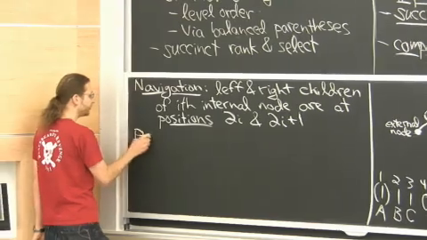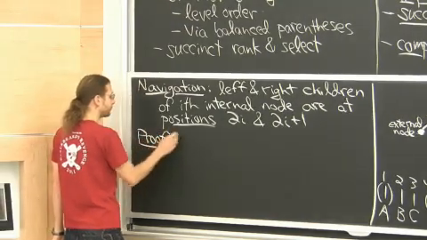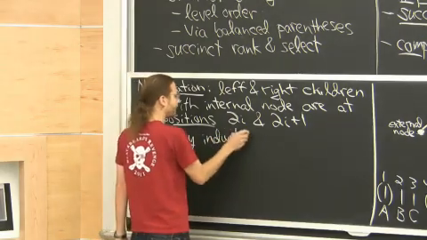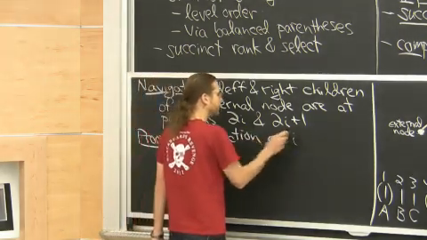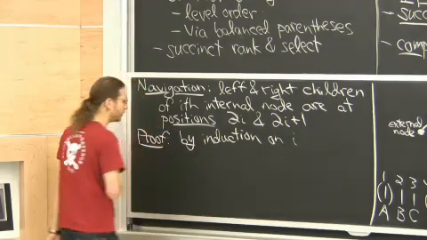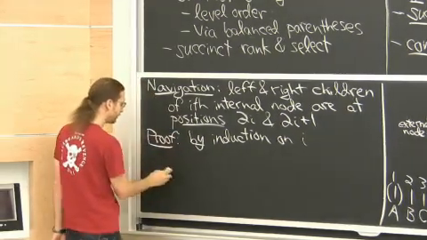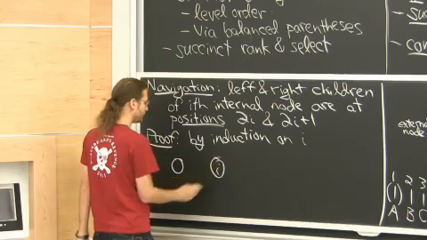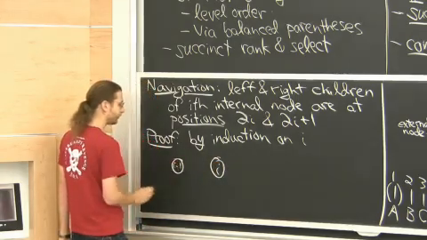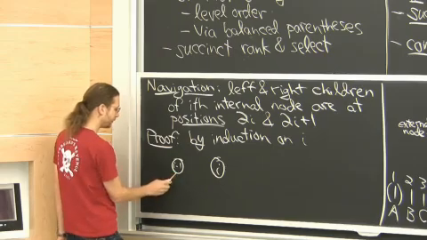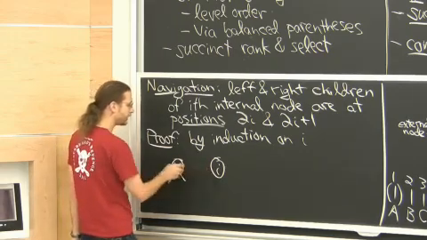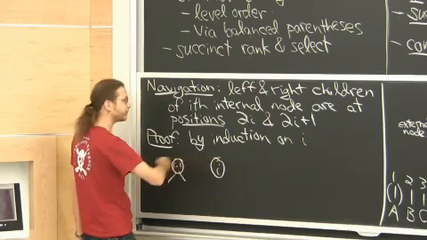You can prove it pretty easily by induction on i. So the idea is, well, if you look at, let's say, the ith internal node, and the i minus first internal node. This one has 2 children. Don't know whether they're internal or external. Between them, they're on the same level, and we're in level order.